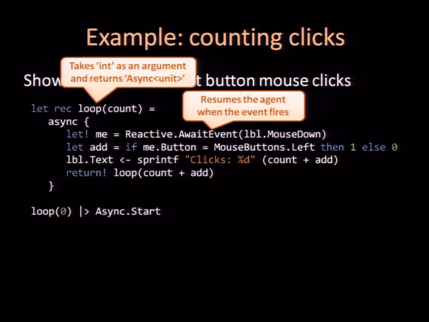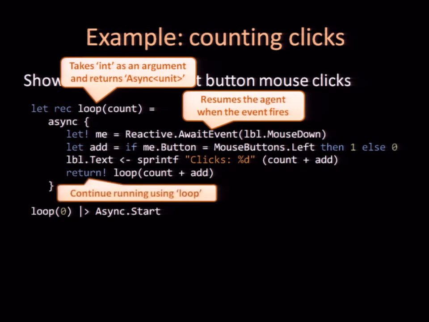And when you click on something, it will resume the agent, and then it can handle some reaction to the event, increment the counter, update the label, and then there's a return bang primitive, which is technically speaking just a tail call. It means that it will then continue looping with the asynchronous workflow that you give it.